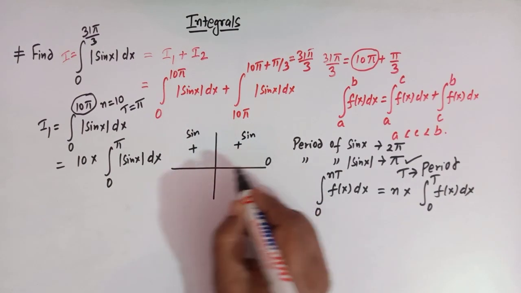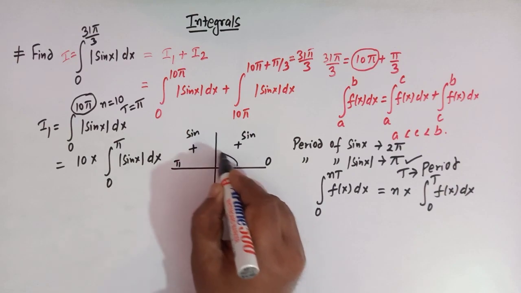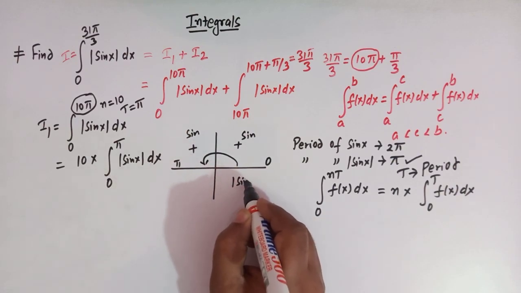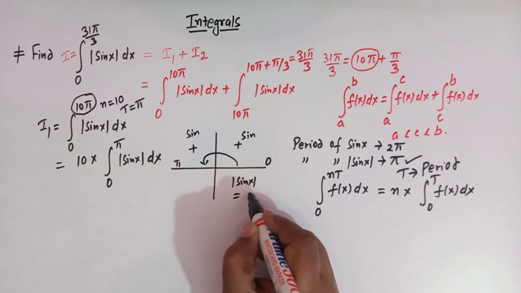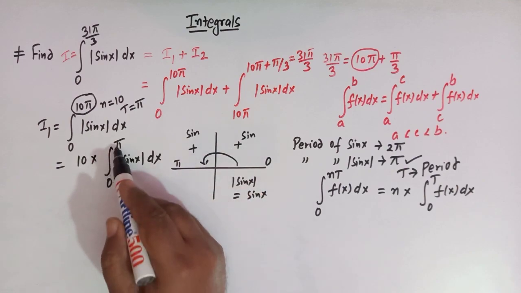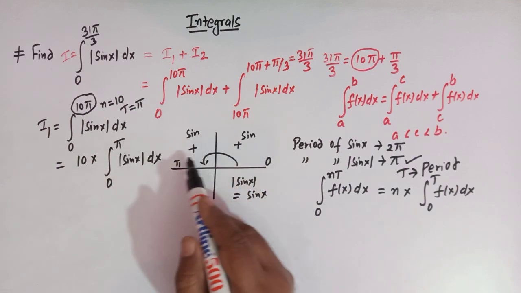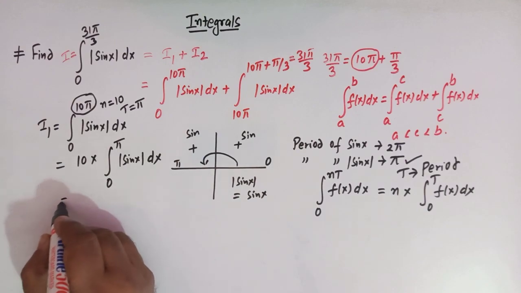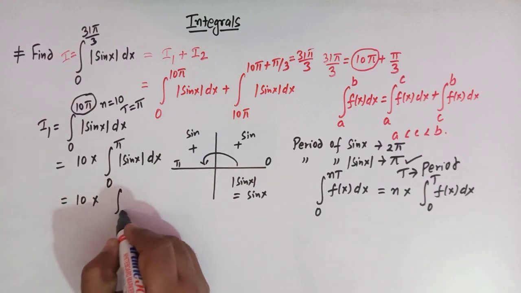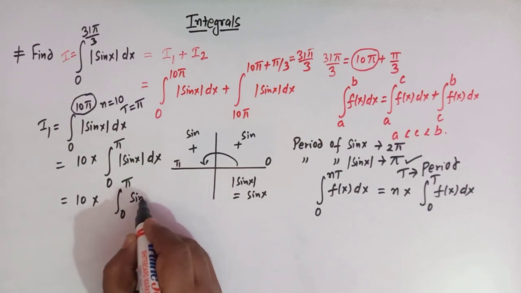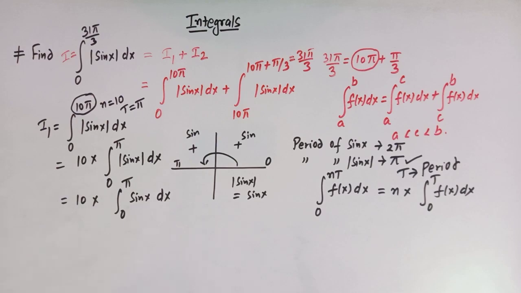When we go from 0 to π, mod of sin x must be equal to sin x, because 0 to π lies in the first and second quadrant. So we can write 10 times the integral from 0 to π of sin x dx.